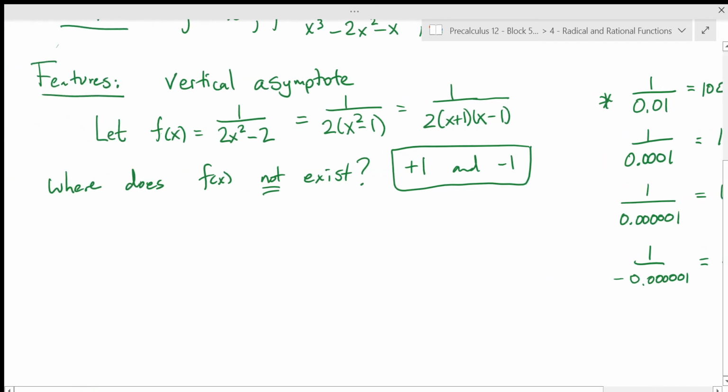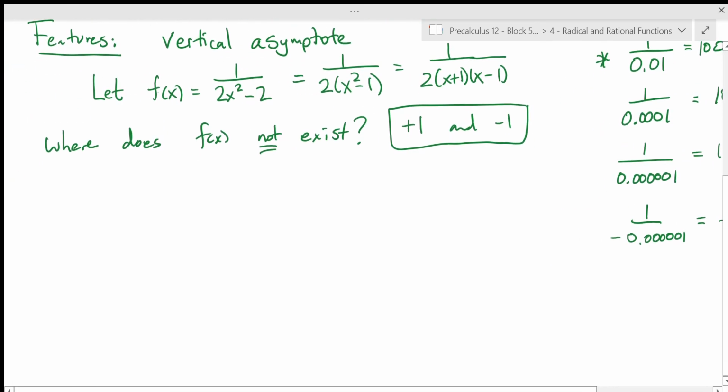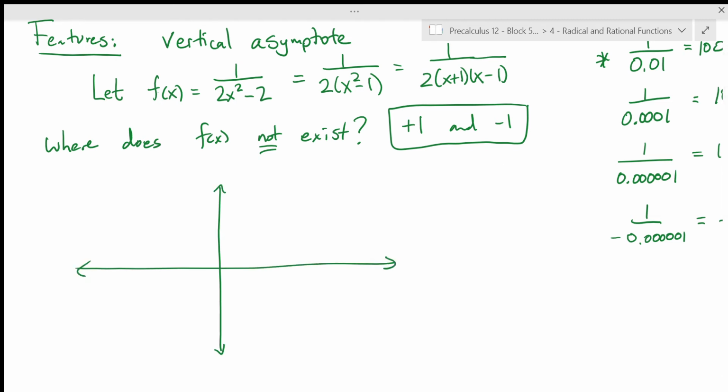So a vertical asymptote occurs when our function doesn't exist. Around the vertical asymptote, the function is going to bend and then start going up, up, up, or down, down, down, as you get closer and closer to the actual vertical asymptote.